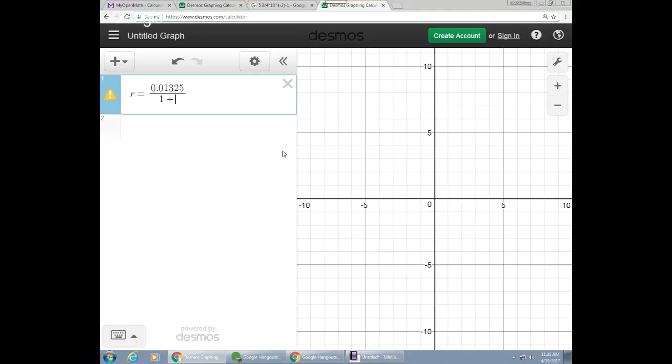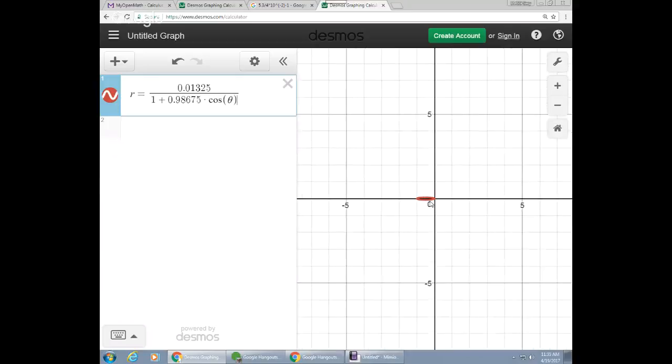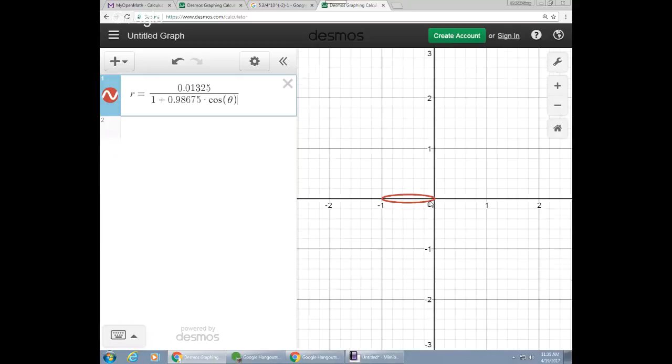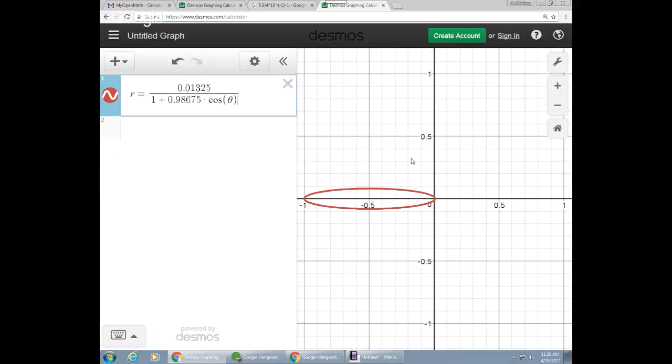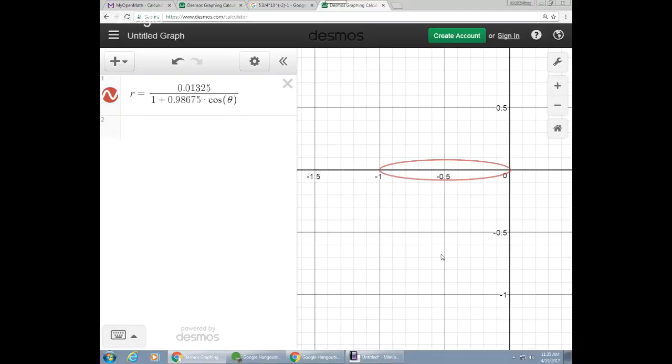So 0.986675, and then times the cosine of the angle theta. And we get that very eccentric orbit. Yeah, that can't be right. Okay, so something's wrong in my calculation. All right, so back to the drawing board. I need to do some more research.